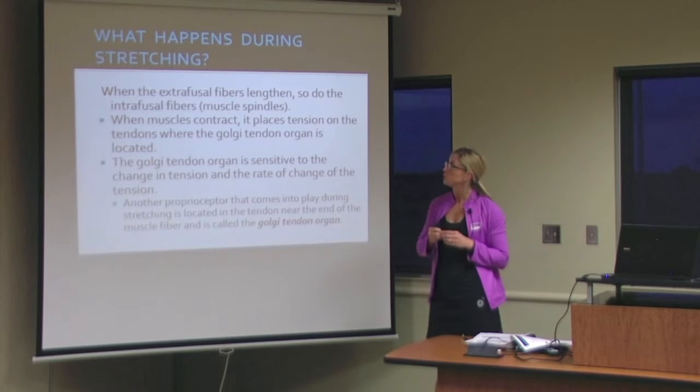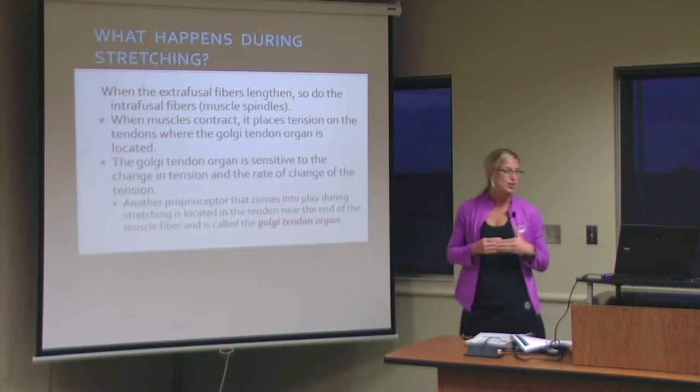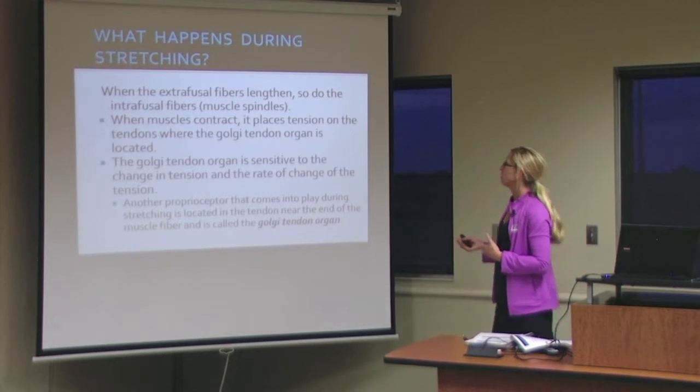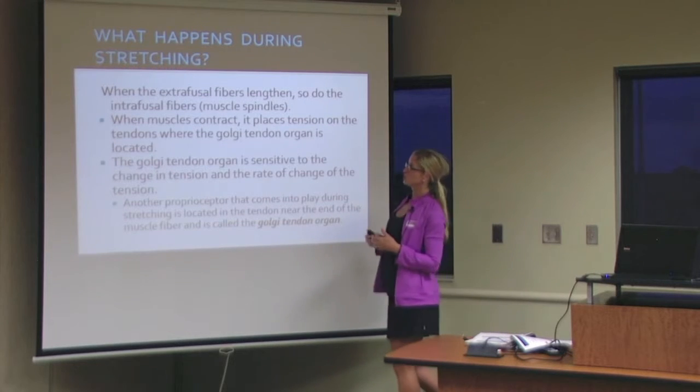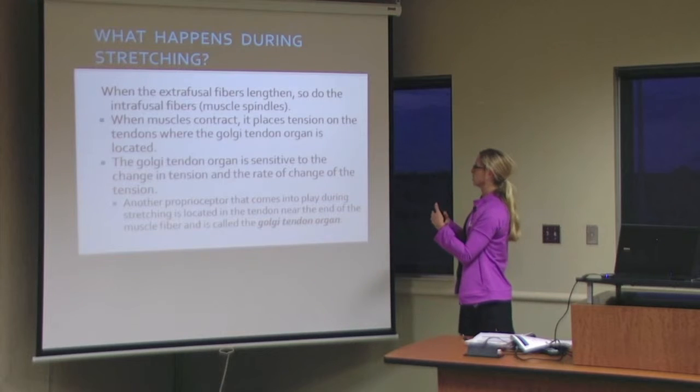Extrafusal fibers will lengthen, and as those are lengthening, so are intrafusals. When they contract, there's tension on the tendons and the Golgi tendon, or at the point where the Golgi tendon organ is located.